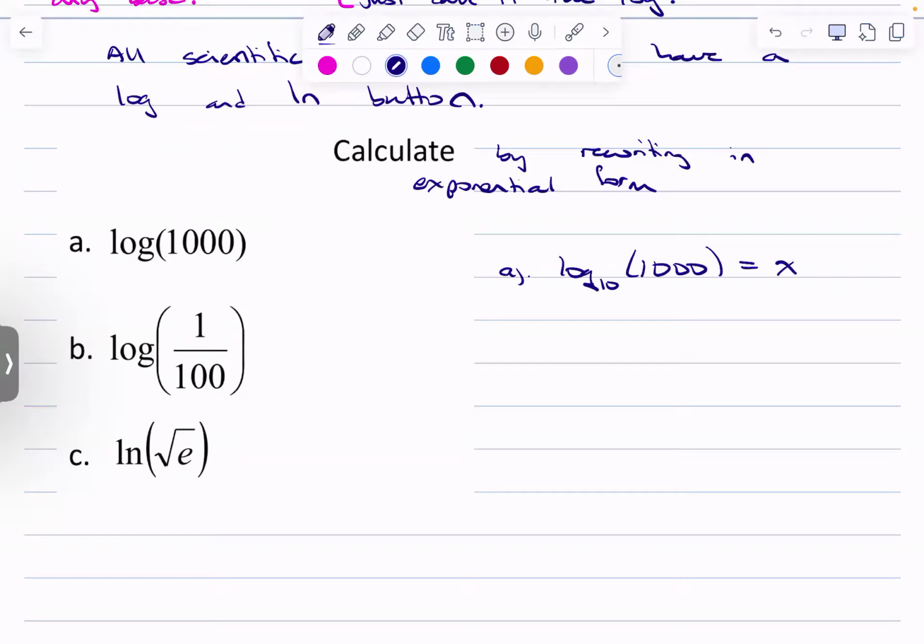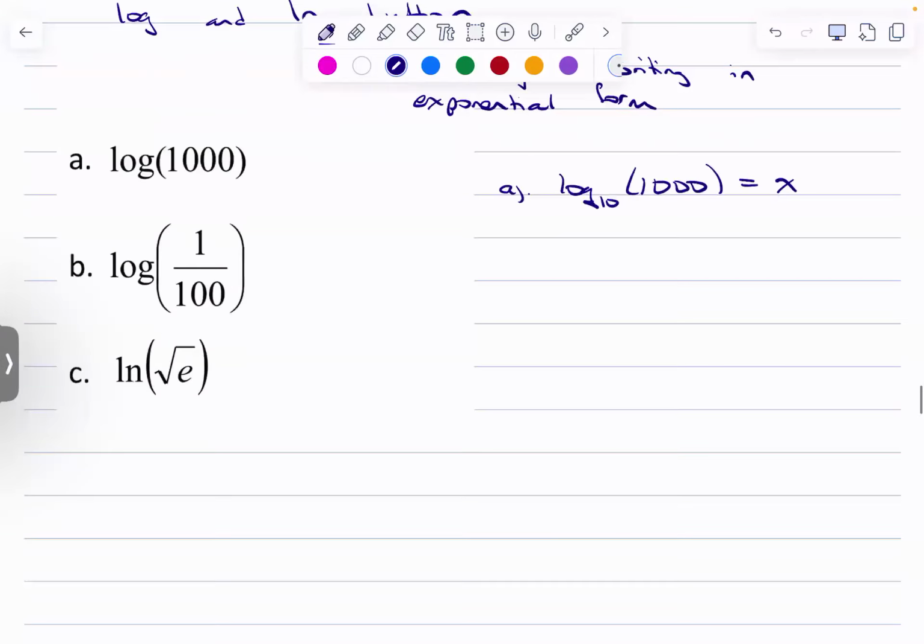I want to solve for x, which means that 10 to the power of x must be 1,000. That's 10 to the power of 3. Therefore, 10 to the power of 3 is equal to 1,000, so x must be 3.